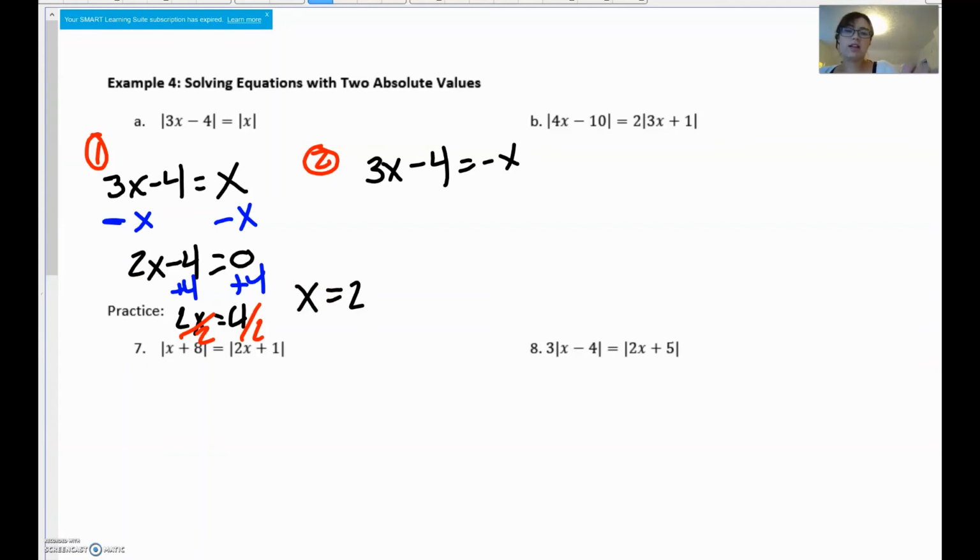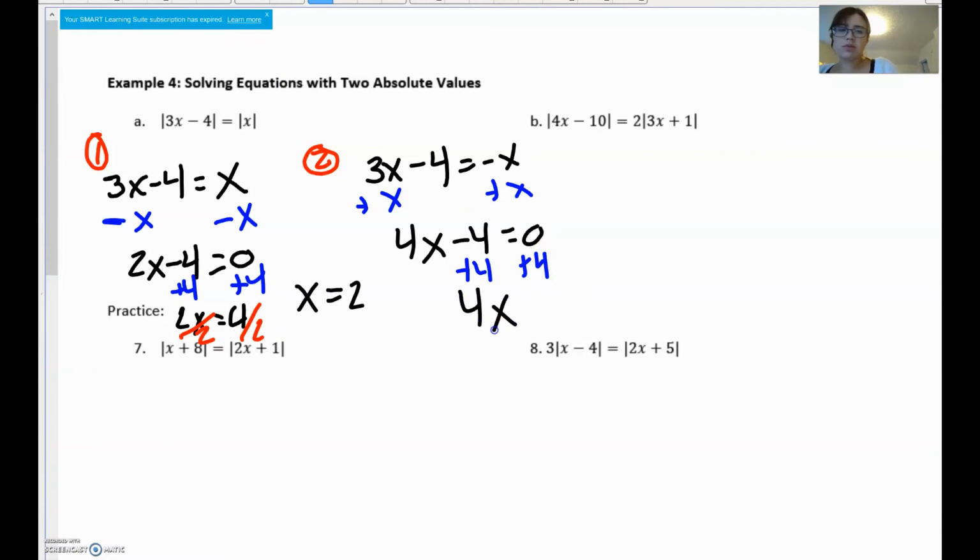On the other side, we're going to add 4. Well, let's stick in the same order. Let's add x. So now we have 4x minus 4 equals 0. Then we're going to add 4.